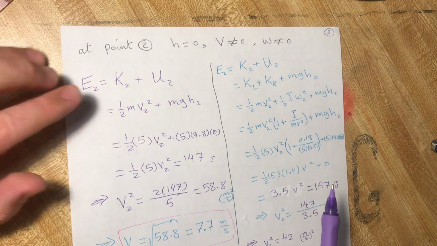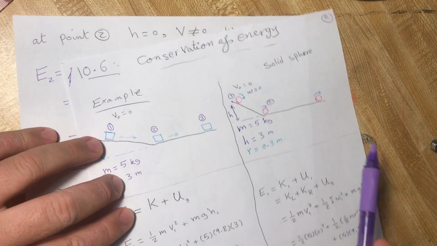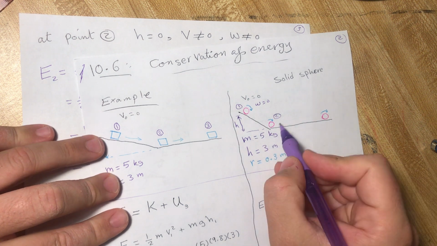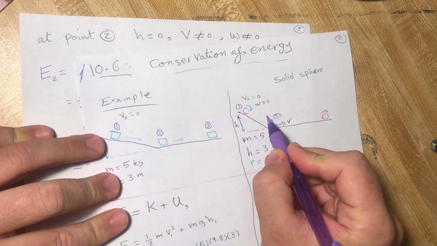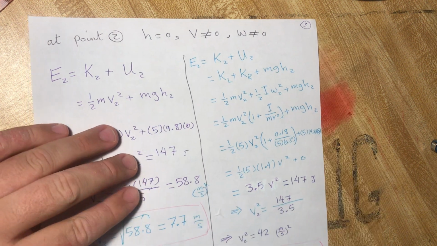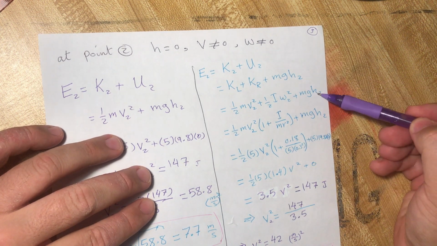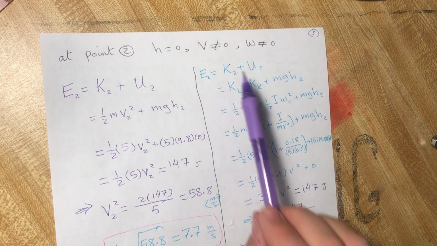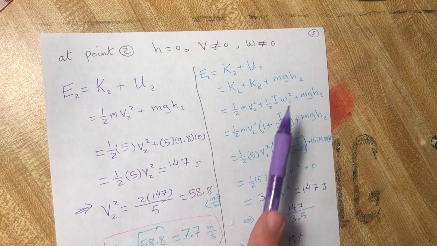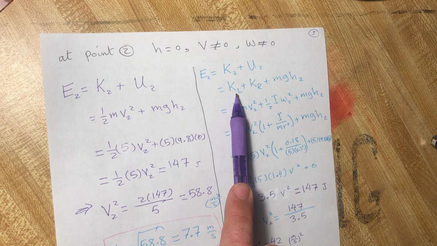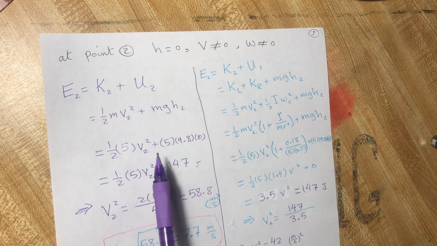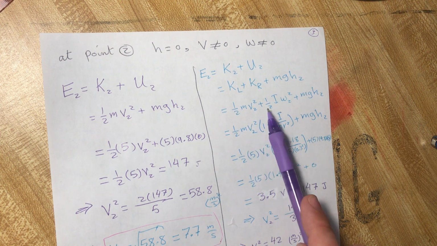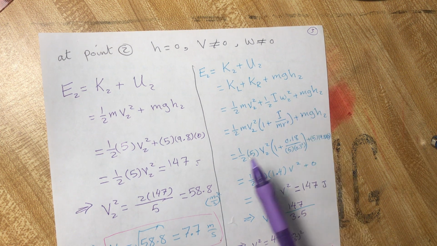Now we have just kinetic energy at this point for the first system. For the second system, at the second point here, we have rotation, we have a moving body, we have linear velocity, we have omega. We don't have potential energy because h is 0. The kinetic energy here has two terms, linear and rotation, which is equal to half mv squared plus half I omega squared.